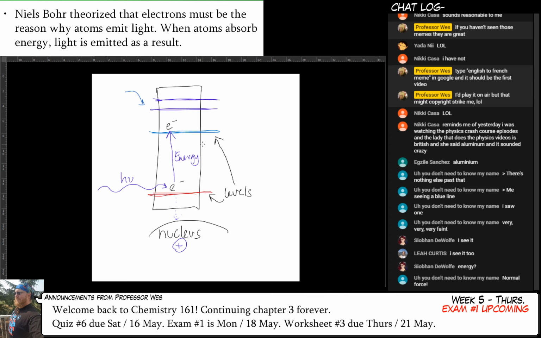So if I give my electron energy, it will go up to a new level. It's kind of like you have something on the ground and you give it energy to pick it up and put it on your counter. Now that object has that potential energy, just like this electron has that potential energy because it's further away. We lifted it up using the energy from the light.